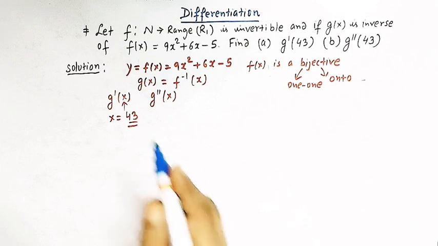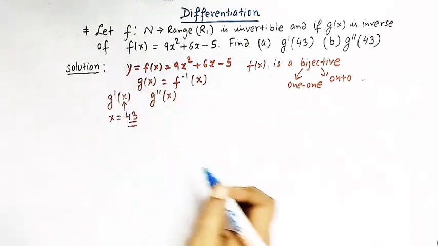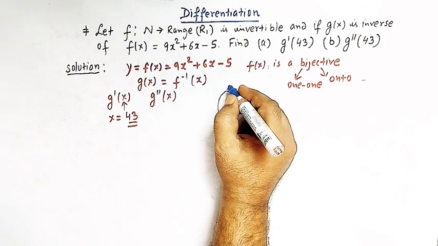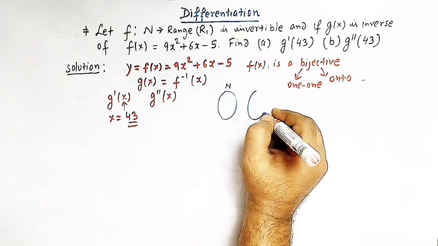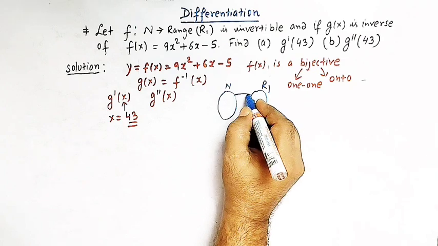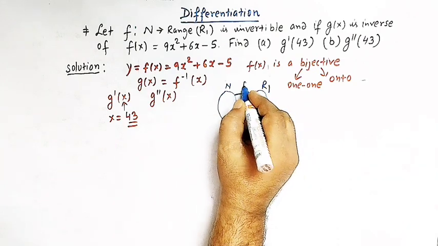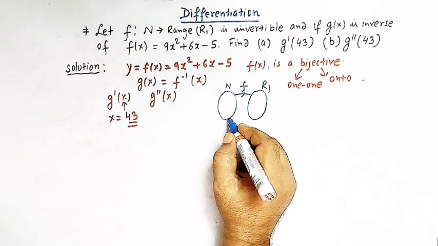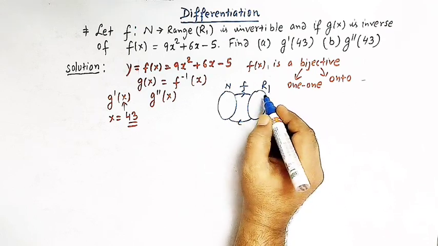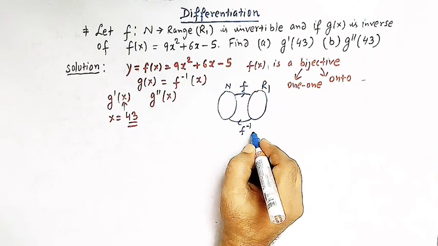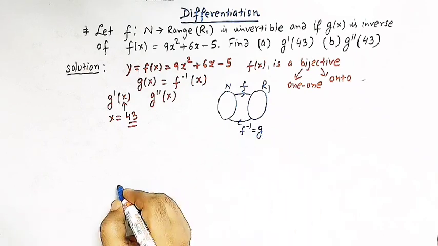So now let us quickly discuss this function f of x. Here we have the set of natural numbers, and here we have the set of real numbers, and the function is given as from N to R. So the inverse function is from R to N. So this is f inverse, that is equal to g.